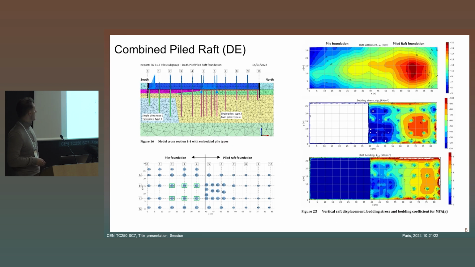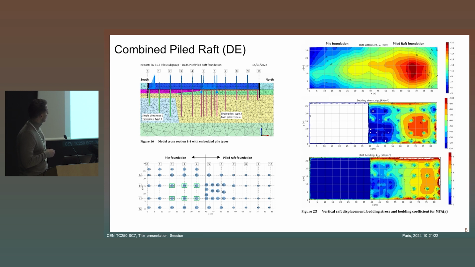And in the end, here are some illustrations of how we made the model. Here you see your finite element model. Here is the organic layer, and here you see the loose sand and dense sand.